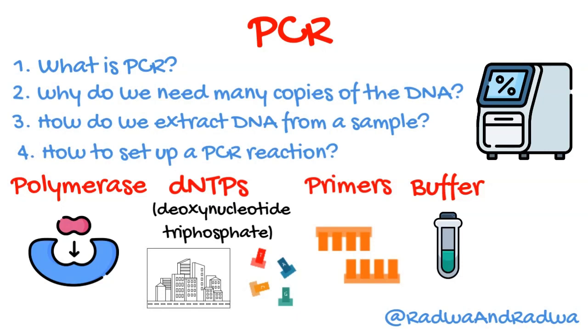Sometimes the temperature needs to be maintained at a high level, like 95 degrees Celsius. Sometimes the temperature needs to be brought back down to 60 degrees Celsius, depending on the specifics of the reaction. But it does need to incubate in the machine for anywhere from an hour to an hour and a half, and sometimes it can go for as long as 6 hours. And once the reaction has completed, we will have amplified the DNA of interest if it's present in the sample.